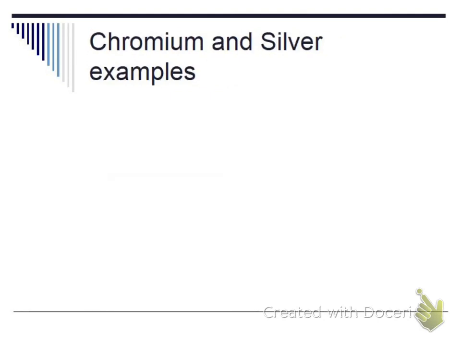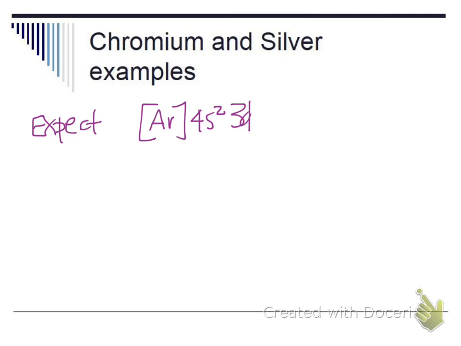When we're doing chromium, what we expect is for it to be what? The way that I taught you last week, first of all, what's its noble gas that you would use? Argon. So you would expect chromium to be argon 4s2 3d4.